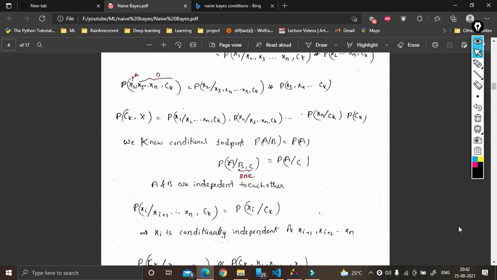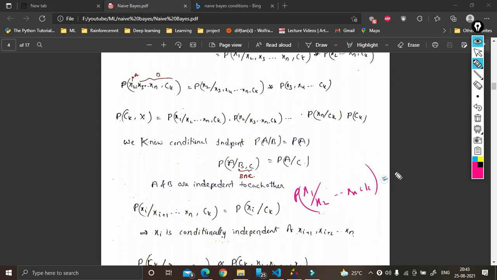Now it comes to the property of conditional independence. Probability of a given b equals probability of a. Similarly, probability of a given b comma c we can rewrite as probability of a given c, because a and b are independent. Similarly, we have probability of x1 given x2 to xn and ck.